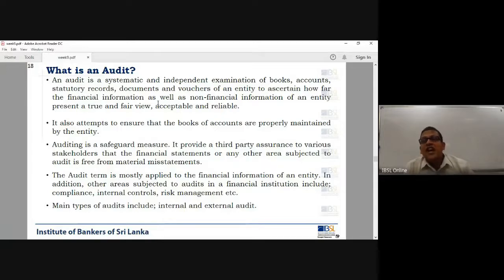They examine the books and accounts, statutory records and everything, and give an independent assurance to the shareholders that the accounts are free from material misstatements, and that they give a true and fair view. So there are two types of audit. First one is internal audit, the other one is external audit.